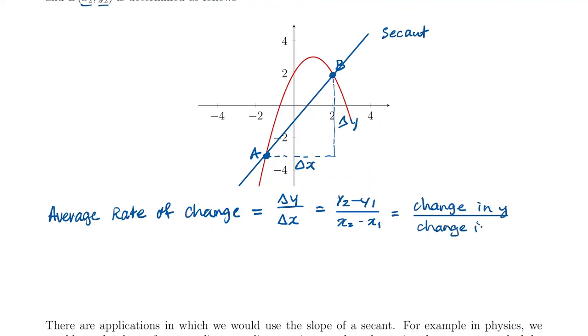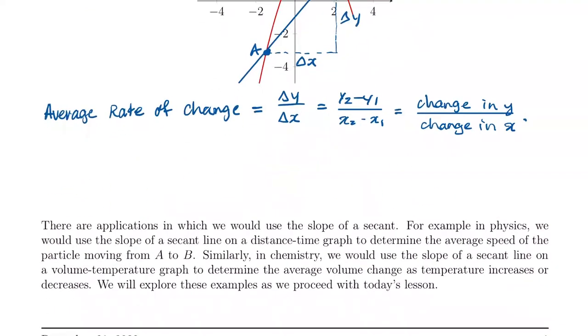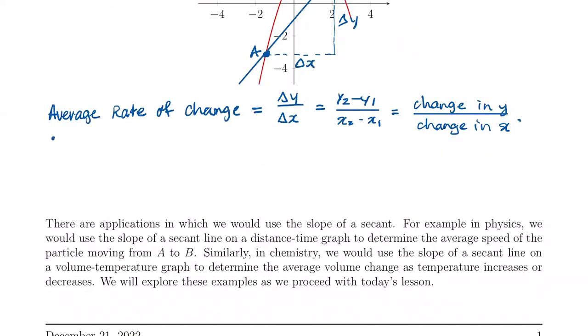There are 3 specific cases that we have to pay attention to whenever we are interpreting the slopes of the secants. Let's have a look at each of the cases. First, what happens when the average is greater than 0? That means the slope is positive.